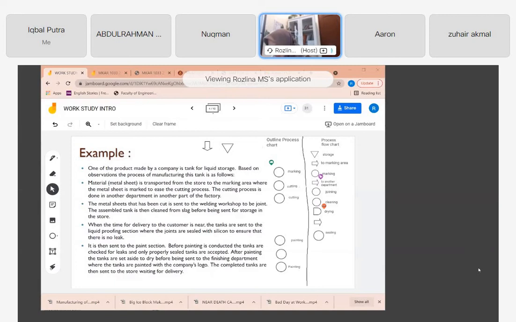Delay in the bracket, storage of WIP. Storage of WIP.